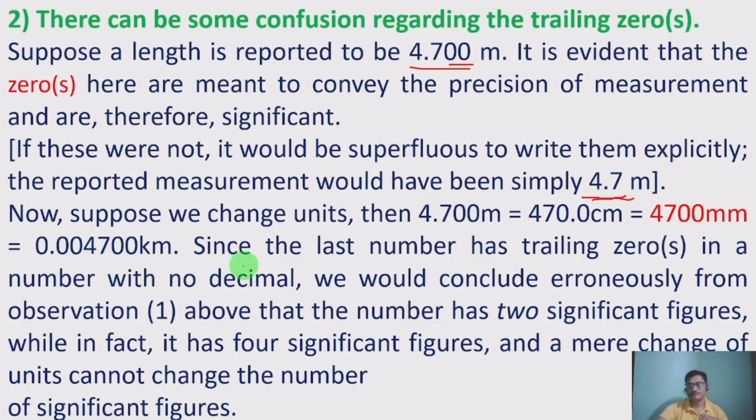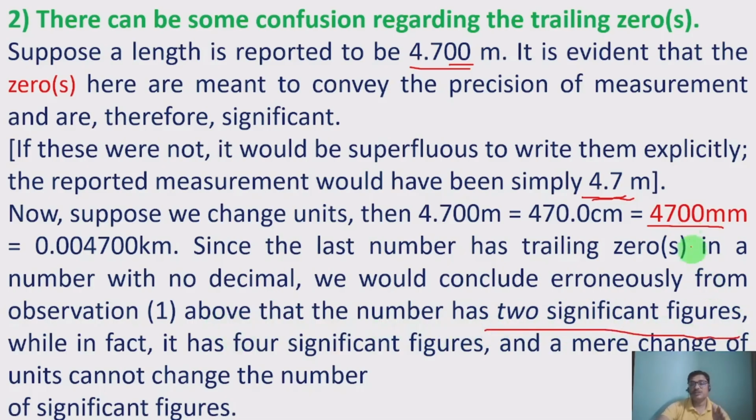0.004700 kilometer. In this one, since the last number has trailing zeros in a number with no decimal, we should conclude, erroneously from observation 1, that the number has two significant figures.